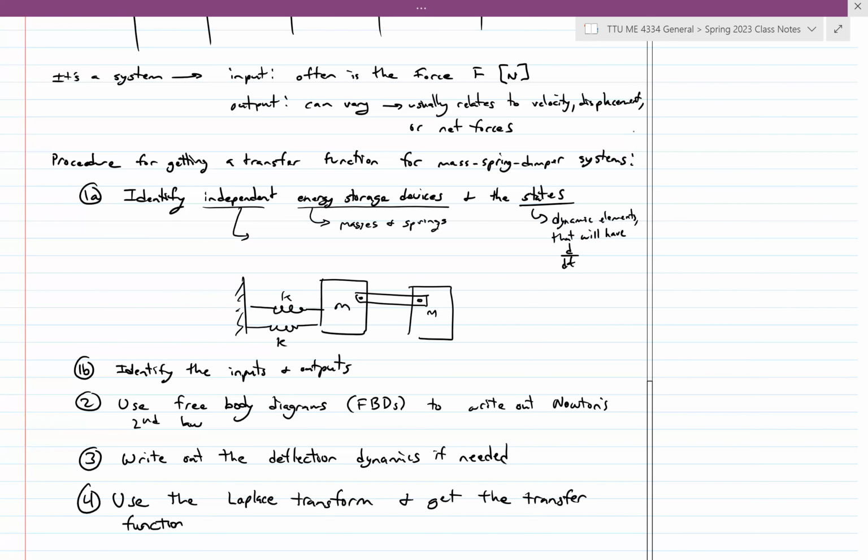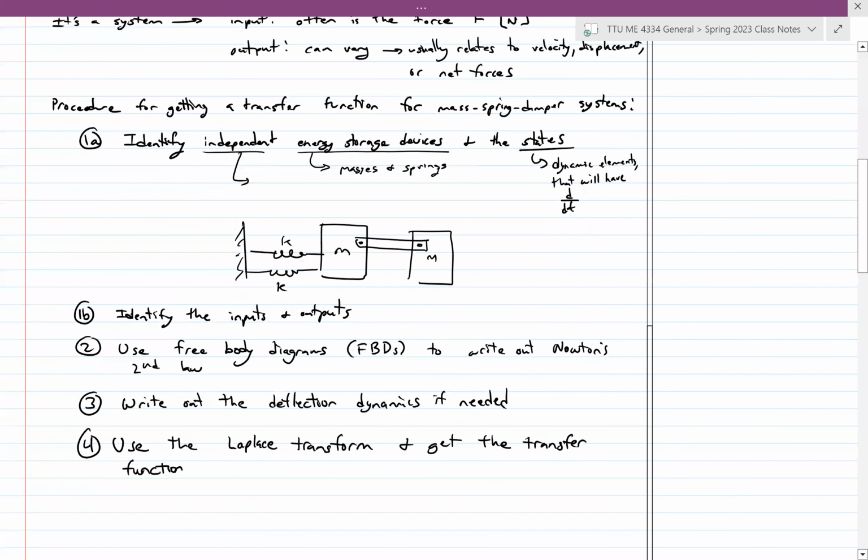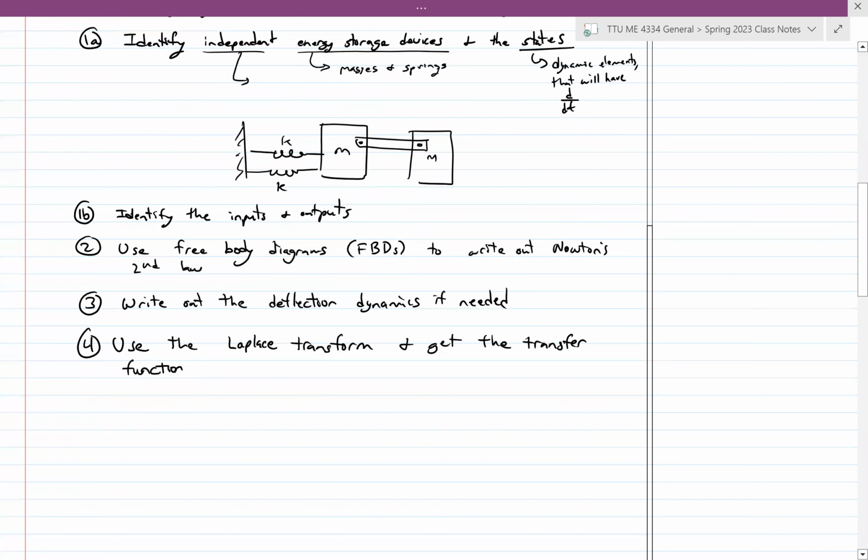Okay, let's do a few examples, and that's what we're going to focus on for most of the rest of today. These are the general steps that I recommend. Are there other ways to get a transfer function? Absolutely. But this is the way that I would approach it.